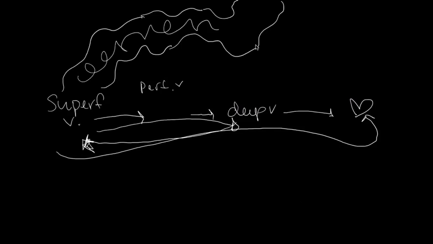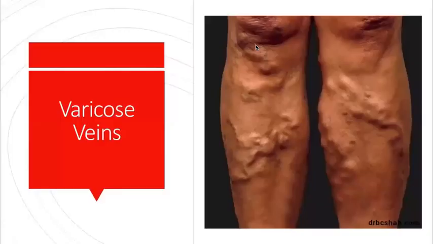That blood should have been pushed into the deep venous system, but it wasn't, because the valves weren't working. The valves in the superficial venous system leave too much blood in the superficial venous system, and so the veins swell up with blood, and that's why we can see them from the outside.